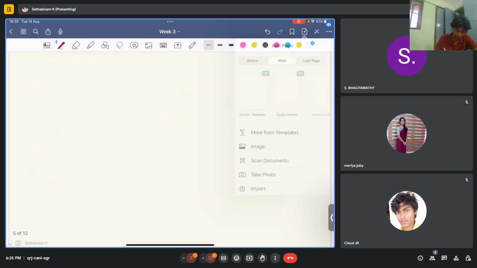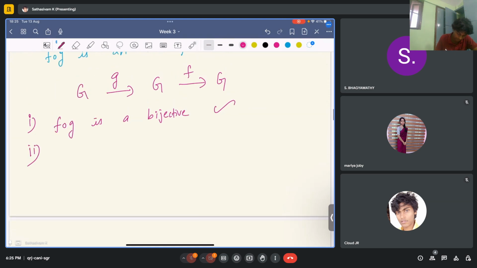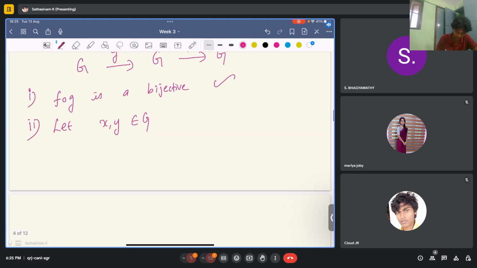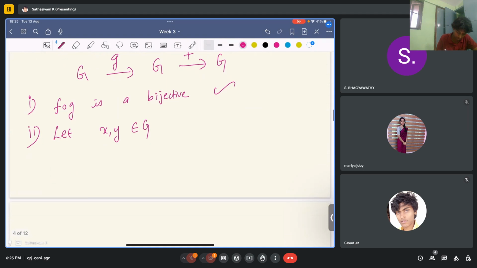This might take some work. Let's prove it. What do you want to prove? f composed with g of, okay, I shouldn't have used f and g, but anyway. Let me take two elements x and y, where x, y belong to G. I shouldn't have used the symbol G, but anyway. So let's look at f composed with g of xy.